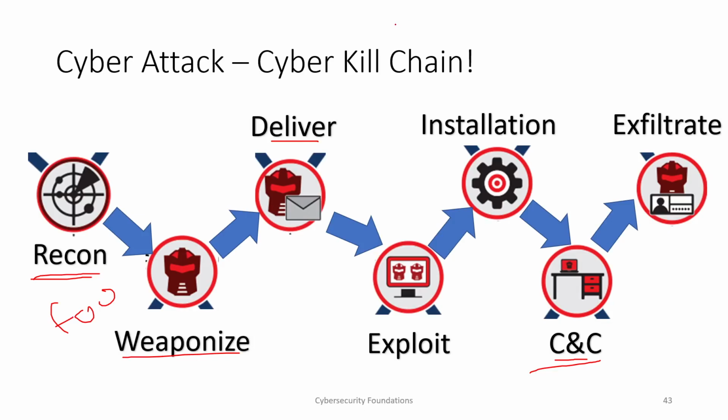What you are currently seeing on the screen is the cycle of the full attack: how actual cyber attacks start and what the different stages or phases are. Any cyber attack should start with the recon phase. In the recon phase, we discover the target system to check whether it runs Windows or Linux, and what software or applications are running on it.